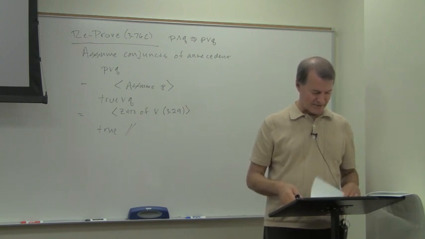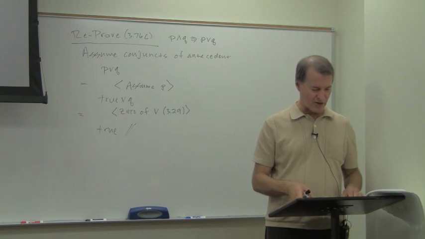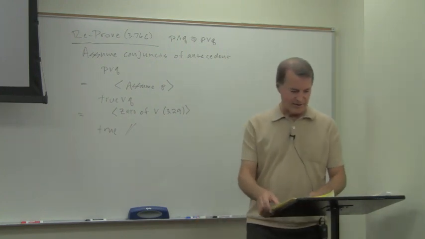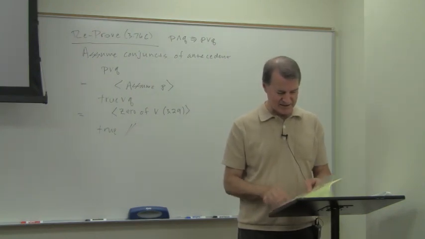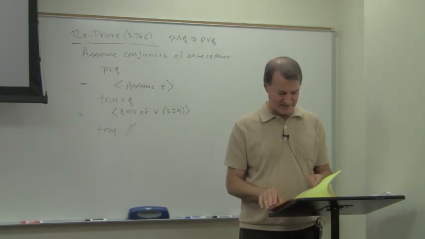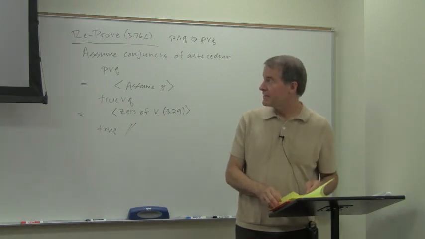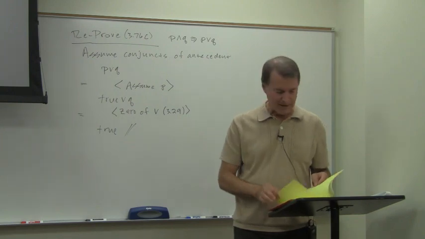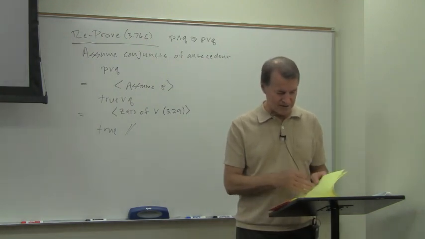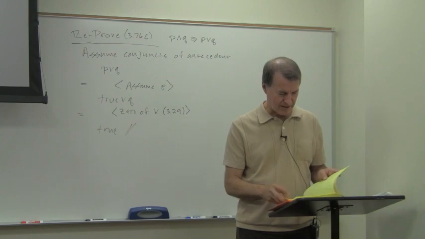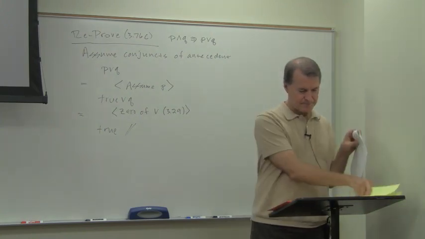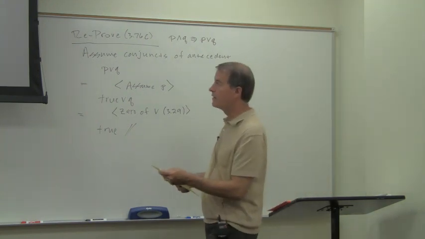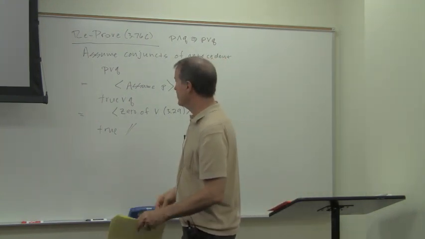All right. Well, if there are no more questions, then we are going to go to the next proof technique. We've done assume the conjuncts of the antecedent. We did case analysis. The next one is proof by mutual implication.